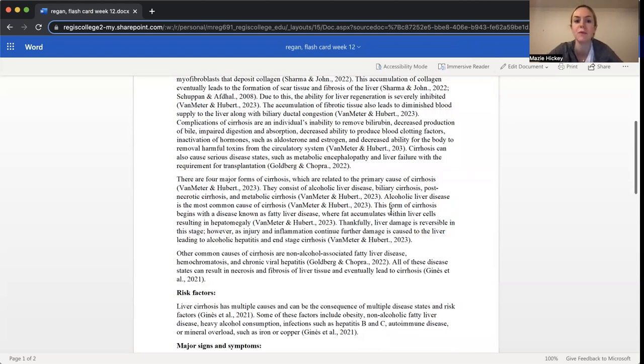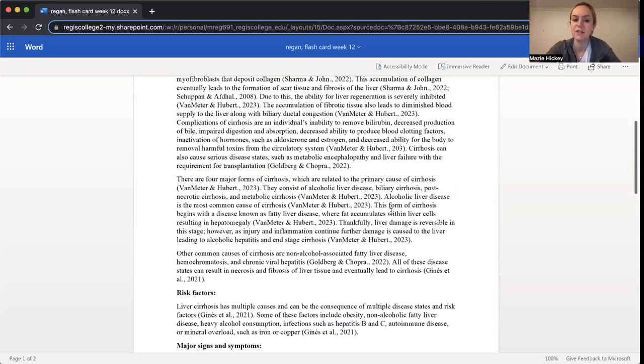There are 4 major forms of cirrhosis, which are related to the primary cause of the cirrhosis. Some of these forms include alcoholic liver disease, biliary cirrhosis, post-necrotic cirrhosis, and metabolic cirrhosis.